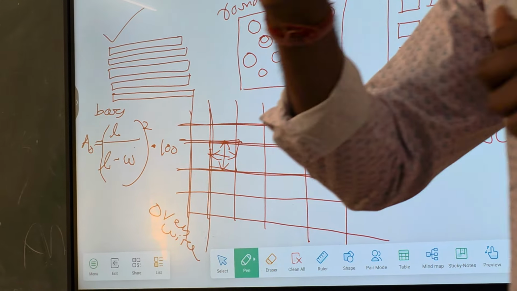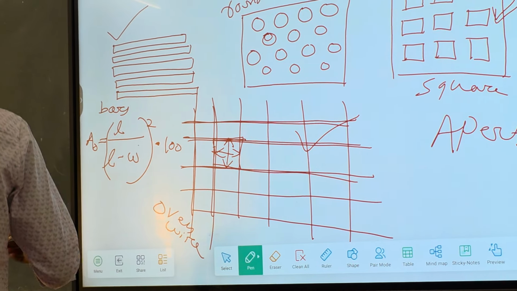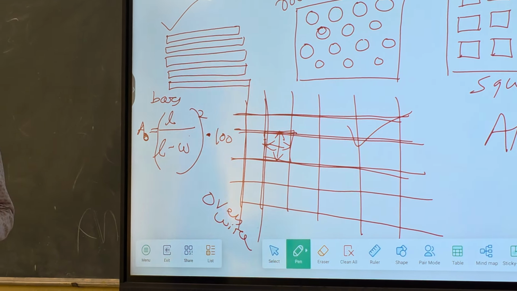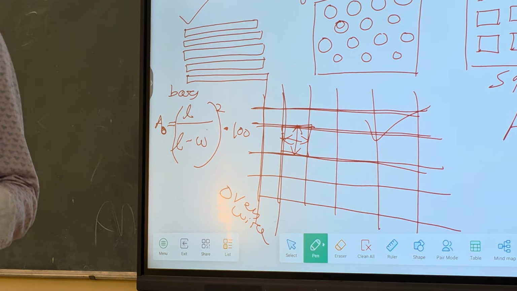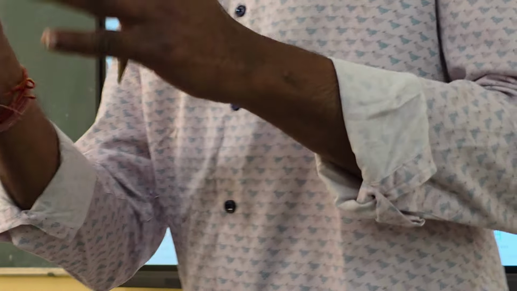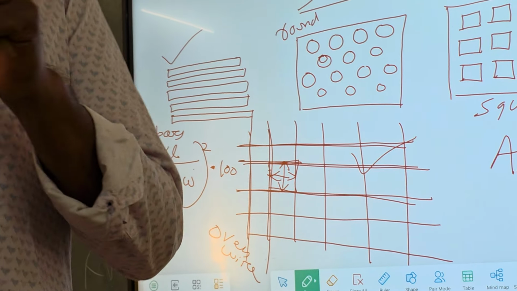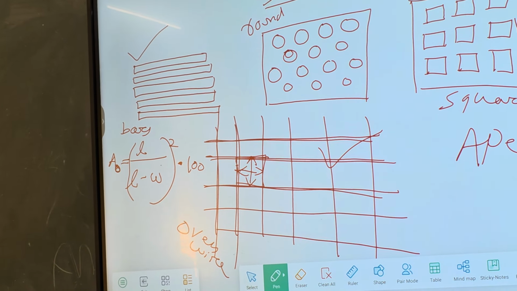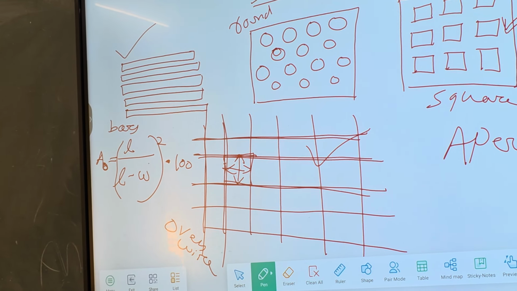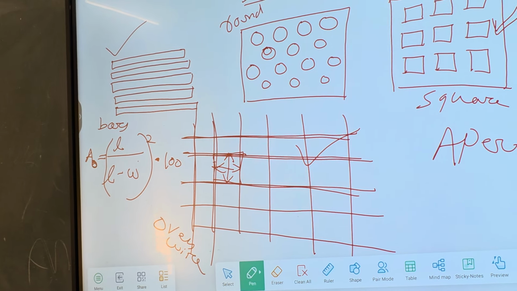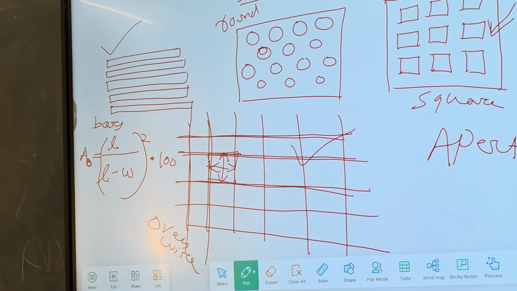So in this formula, A naught is nothing but your percentage square opening. You can write it better: it is percentage square opening per unit area of the screen. You may get a question from this also.